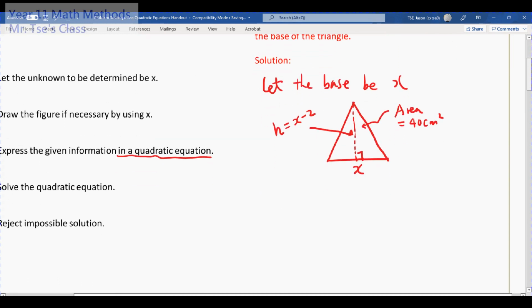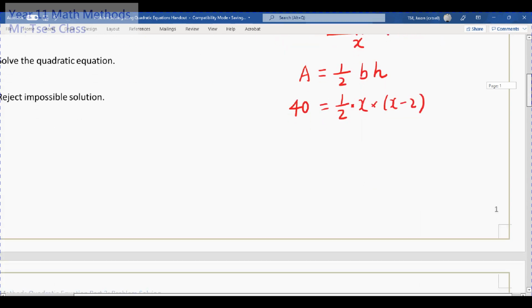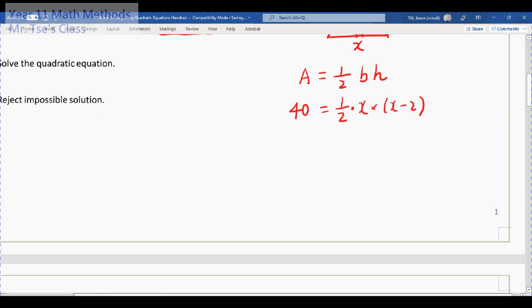We know the area of a triangle is half base times height. Right now your area is 40, the base is x, and the height is x minus 2. So you see that's basically a quadratic equation, isn't it? Because you have x times another bracket, x minus 2.